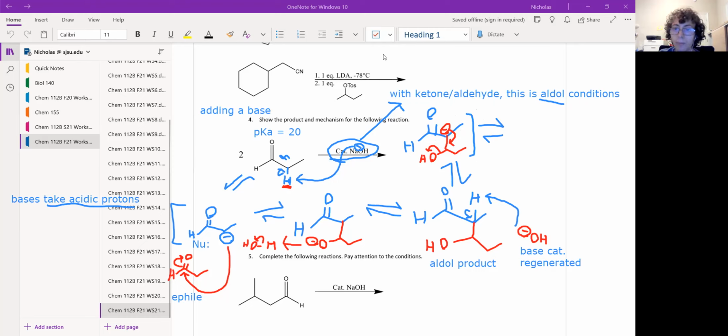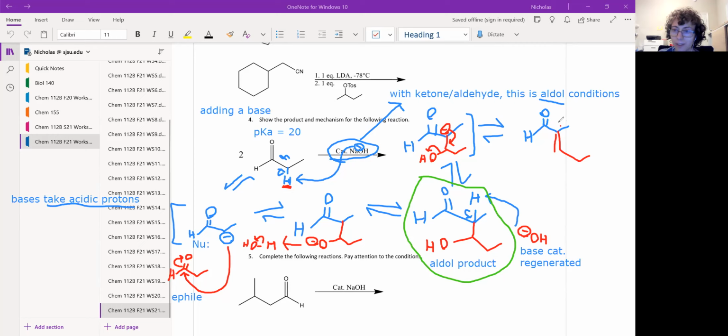Oh, well, never mind, that alcohol is not there anymore. You end up with a double bond like this.